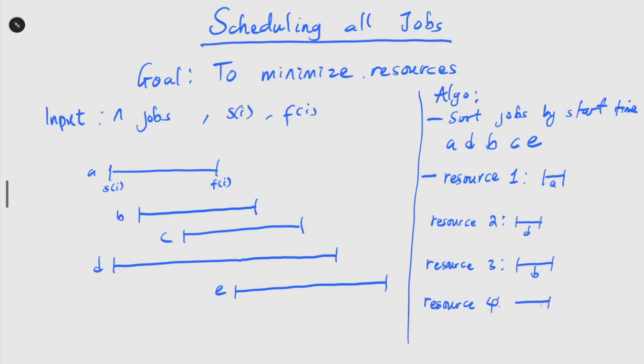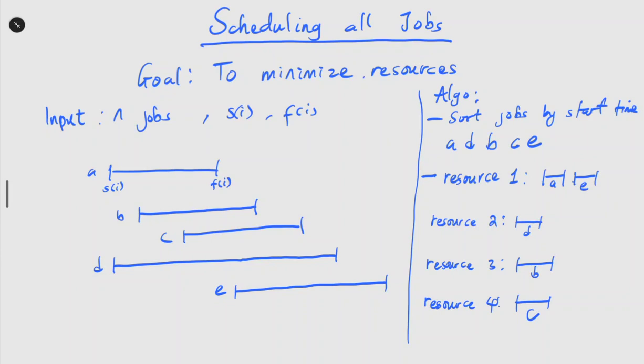This is job C. How about job E? Job E does not overlap with job A, so we line it up here. We have job E. What this means is, for these 5 jobs, we're going to use 4 resources.